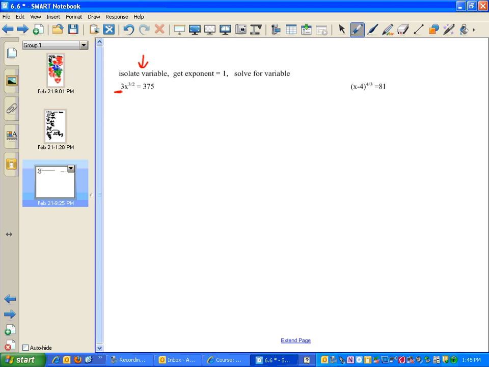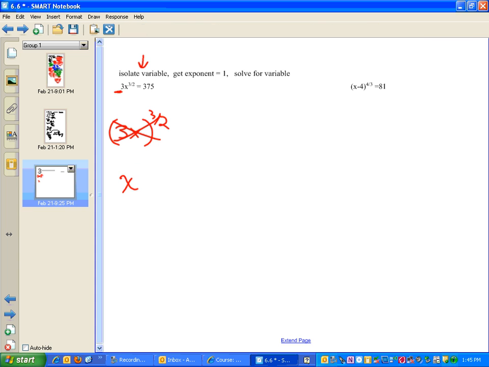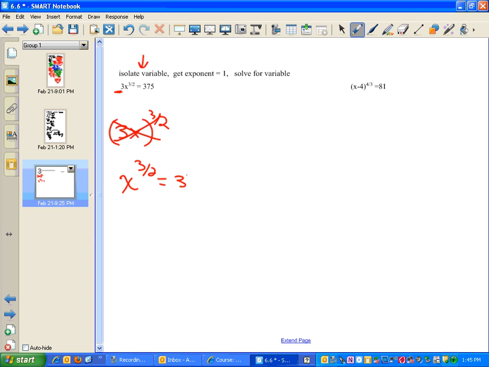This 3 needs to move because it's not associated with the variable, is it? It's not saying this, which means the exponent is attached to both, correct? That's not what I'm saying. So how do I move that 3? So that means x to the 3/2 is equal to 375 over 3, which is 125.